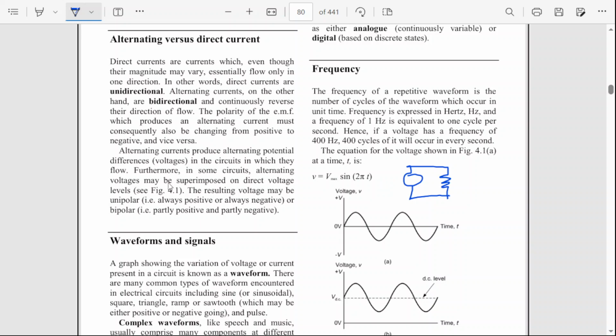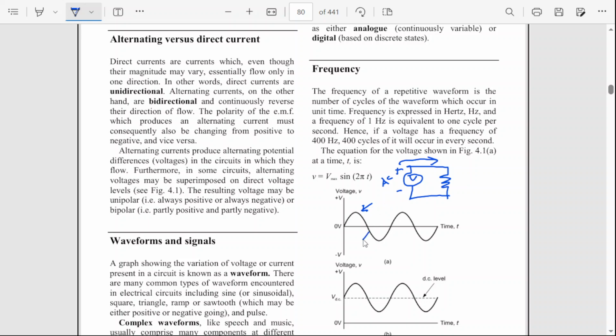In alternating current, let's say now that this is an alternating current voltage source. In alternating current, the polarity is always fluctuating. During the positive cycle, let's say that this is an AC signal here. During the positive cycle, this is the polarity, so current is going to flow in this direction.